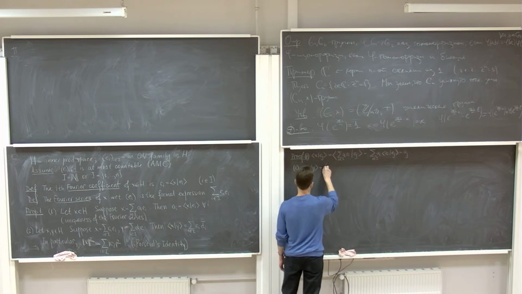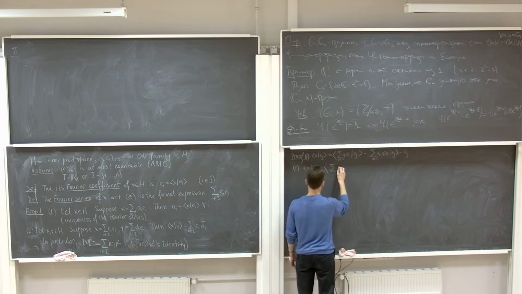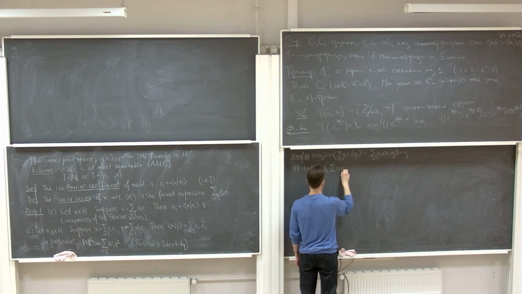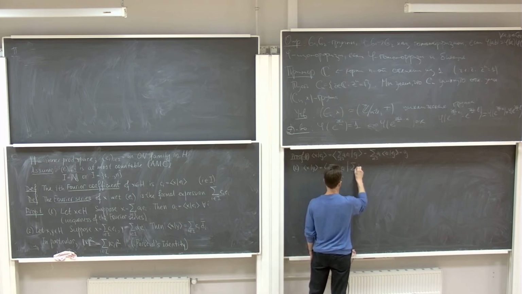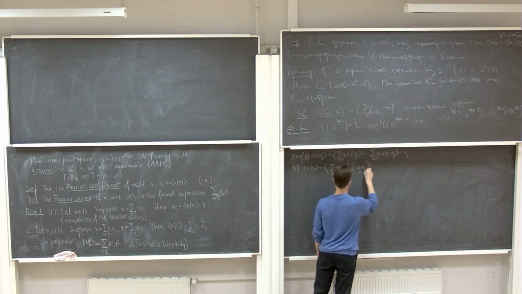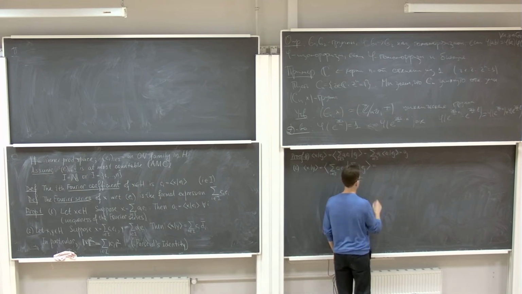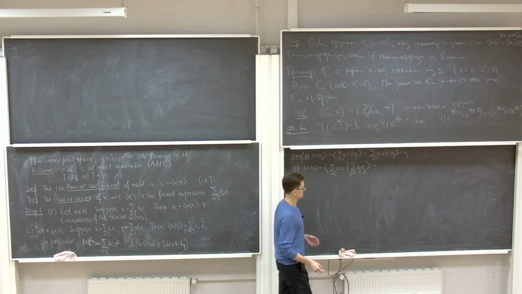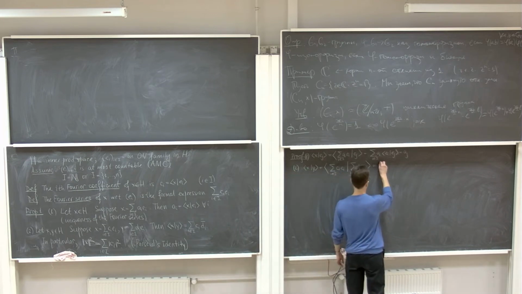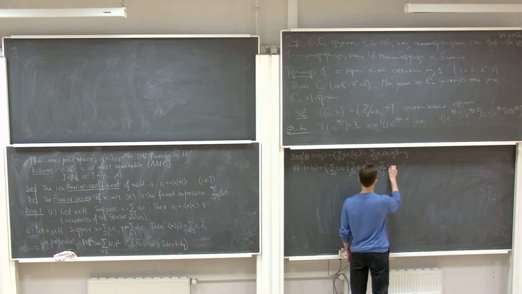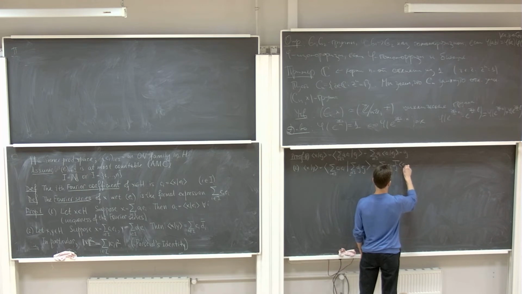And similarly, we'll prove part 2. Namely, we substitute explicit decompositions of x and y here, the sum of c_i e_i and the sum of d_j e_j. And again, using the algebraic properties of the inner product and the continuity of the inner product, we get the following double sum over i and j, c_i d_j bar, times the inner product of e_i and e_j.